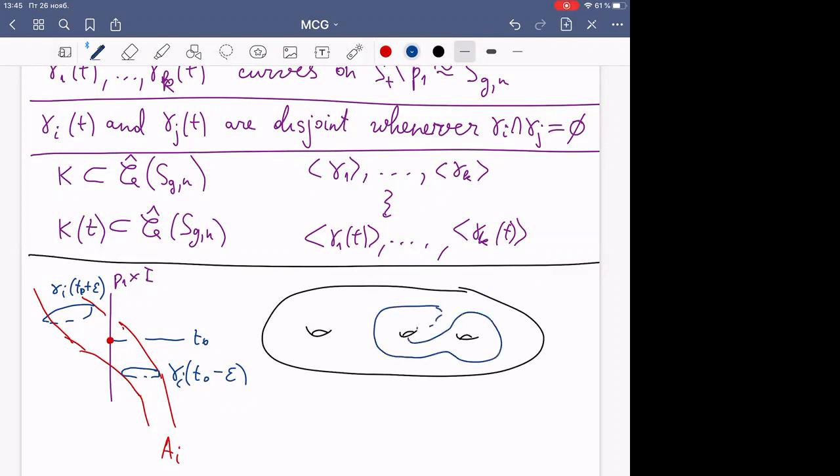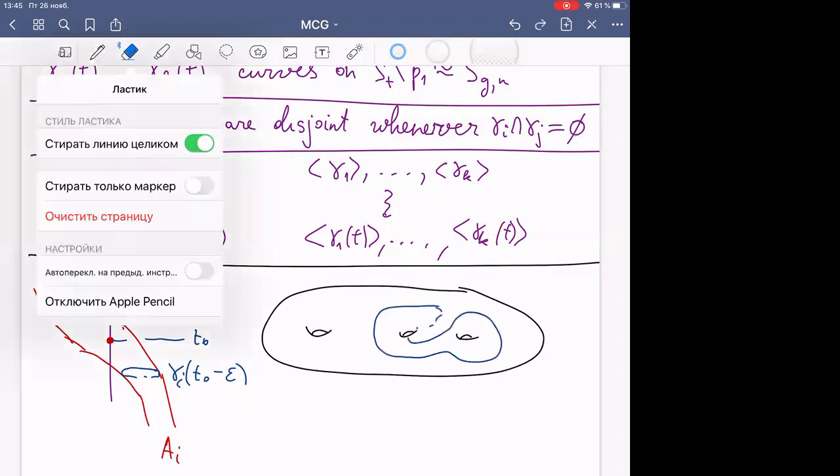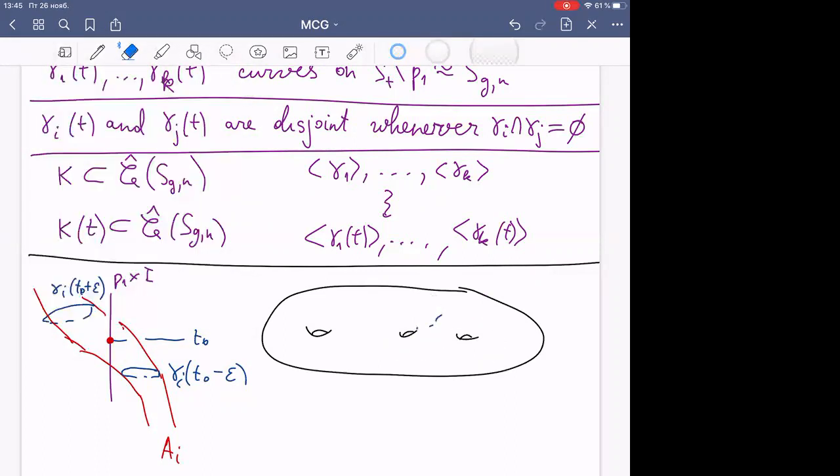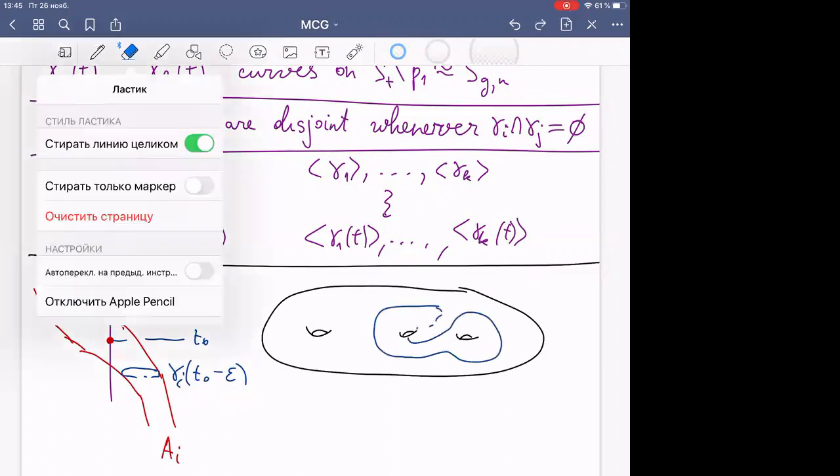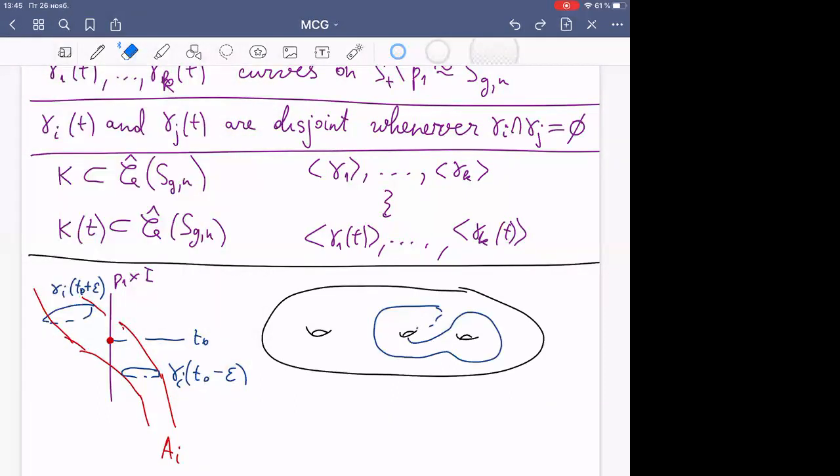Sorry, the curve cannot be like that. The curve should be closed. So we have something like that, and here we have some punctures, and here we have puncture P1, and this one is gamma_i before we pass through a puncture.